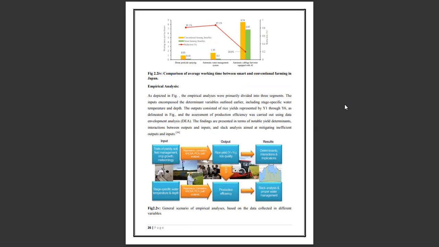Outputs consist of rice fields represented by Y1 through Y6 as delineated in the figure, and assessment of production efficiency was carried out using data envelopment analysis, DEA. The findings are presented in terms of notable yield determinants and interactions between output and inputs, and slack analysis aimed at mitigating inefficient inputs and outputs.